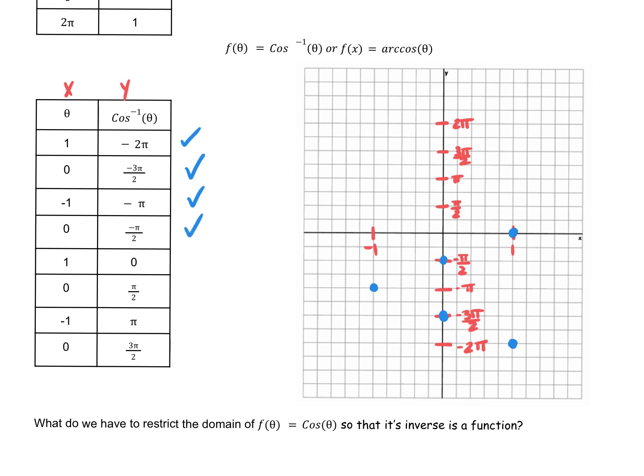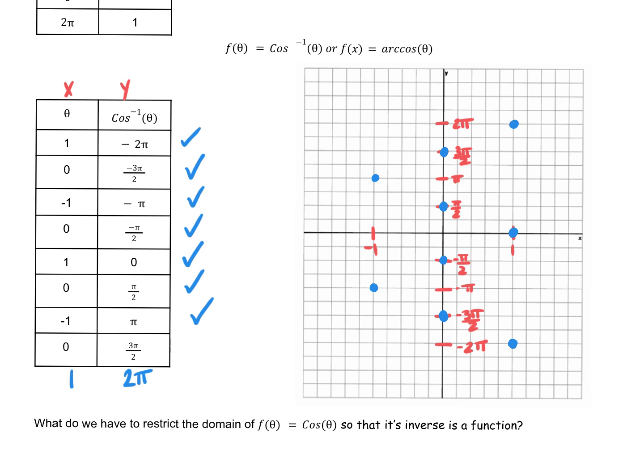And then 1, 0. Then 0, pi over 2, negative 1, pi, 0, 3 pi over 2, and it looks like I forgot 2 pi, so that would just be 1 and then 2 pi, so feel free to add that. So 1 and 2 pi.